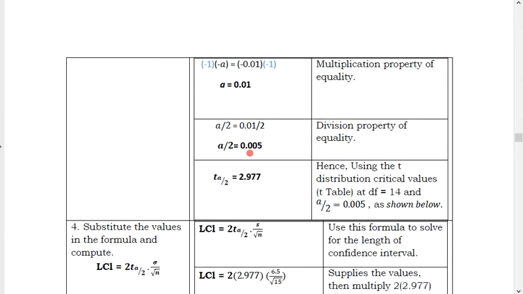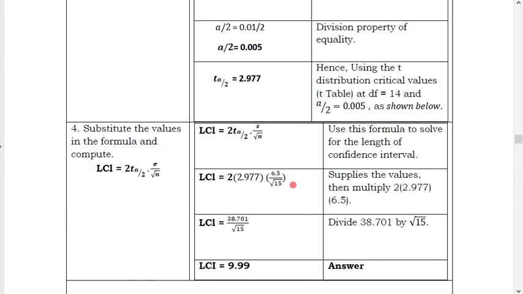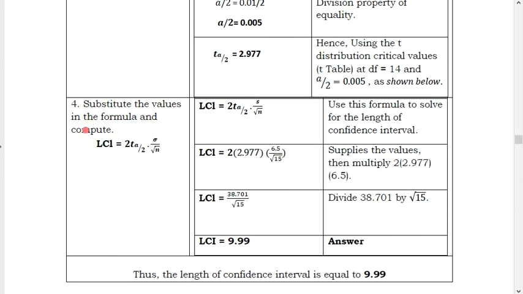Basta alam na natin kung ano yung area, half, syempre, dahil dalawa yung tail at half lang yung nasa table. So, 0.005 yung ating percentile, and then, degrees of freedom is 14. Kaya nakuha natin yung 2.977.